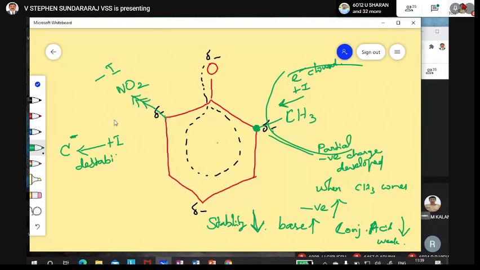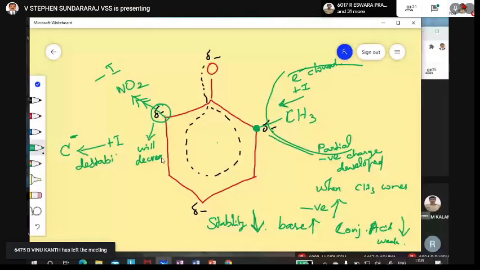Tell me, will the delta minus decrease or increase? It will decrease, because the electron density indicated by delta minus is partly pulled by the NO2 group, an electron withdrawing group. So the charge decreases.